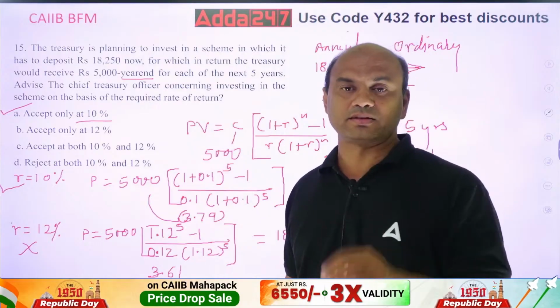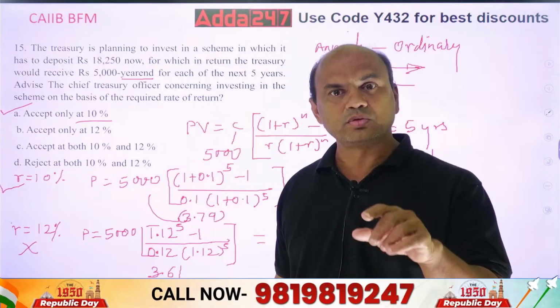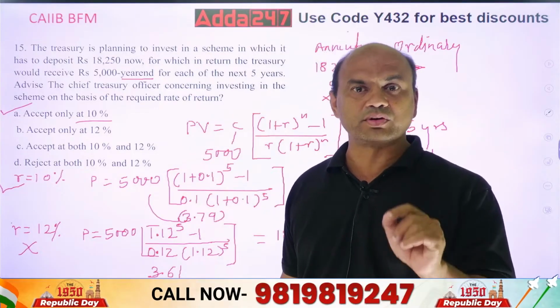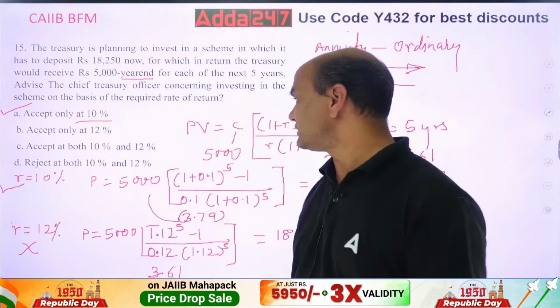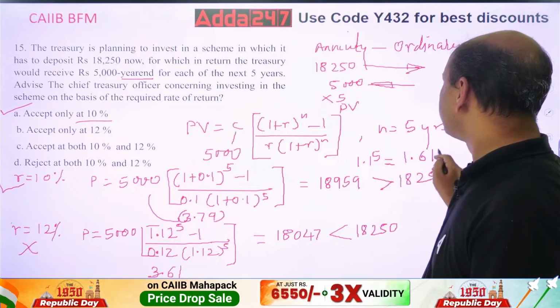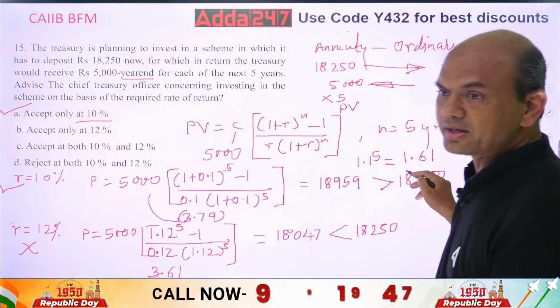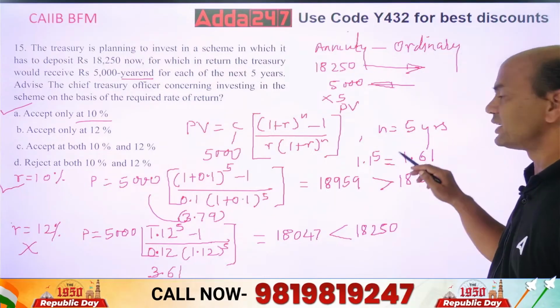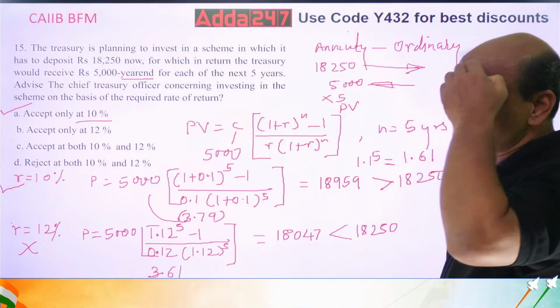So 1.1 into equal to 4 times. You'll get the answer. 1.1 raised to 5, I am getting 1.61. Are you getting the same 1.61?